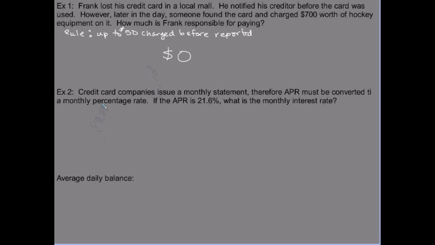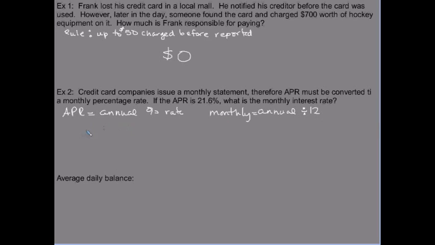Our next example: credit card companies issue a monthly statement, and therefore the APR must be converted to a monthly percentage rate. So we have our annual percentage rate. Remember, APR is annual percentage rate. To find the monthly, we take the annual and divide it by 12.